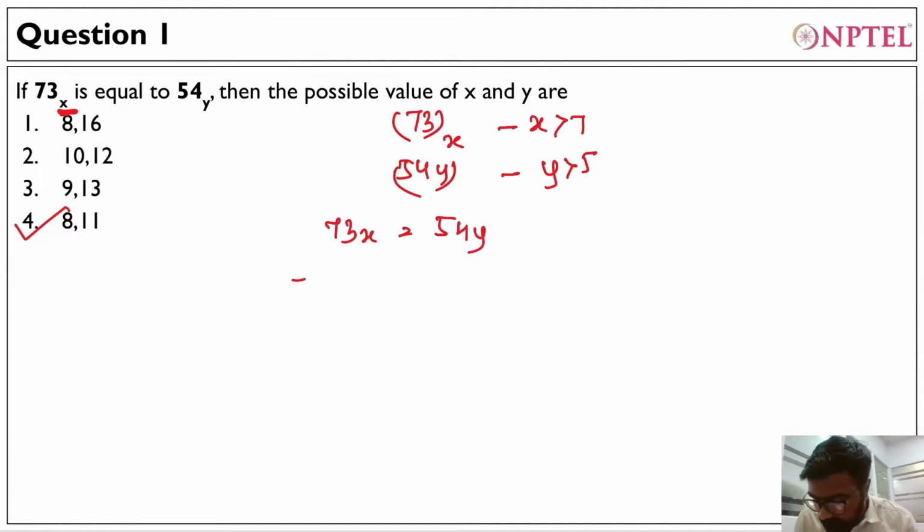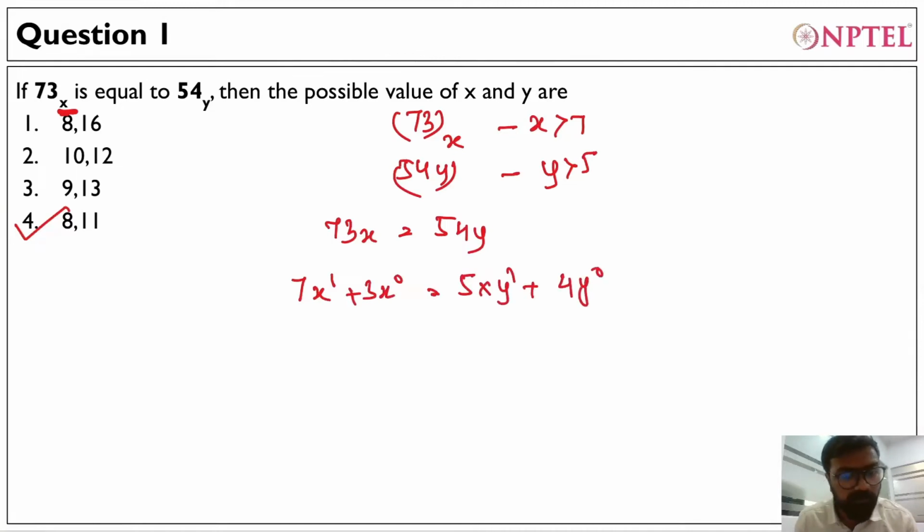You write the number as 7 into x to the power 1 plus 3 into x to the power 0 is equal to 5 into y to the power 1 plus 4 into y to the power 0. Anything to the power 0 is 1, so 7x minus 5y equal to 4 minus 3, if I am correct, that is the equation.